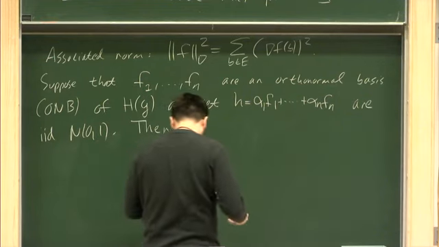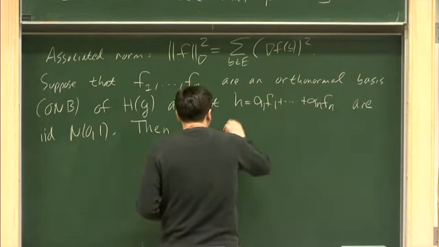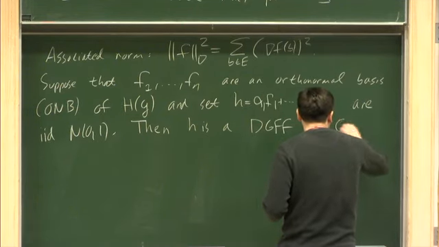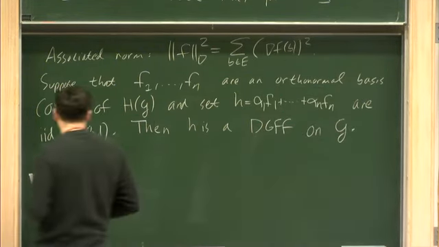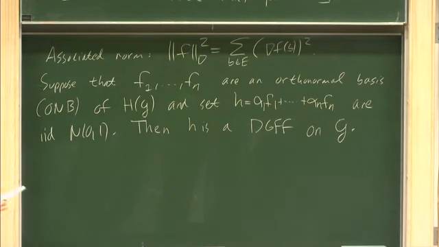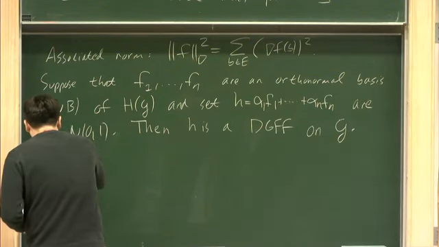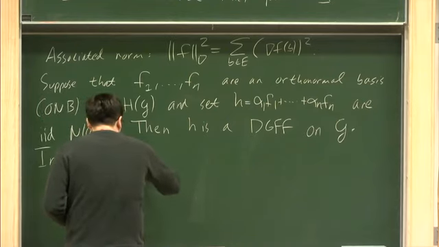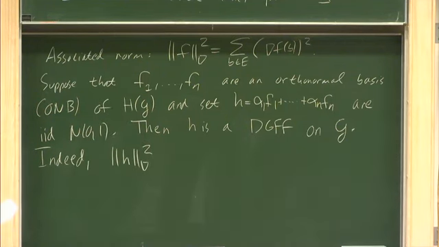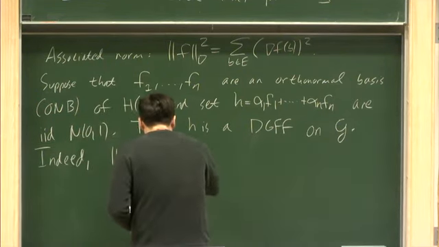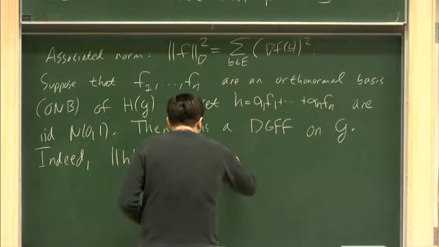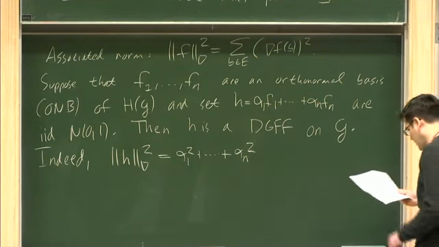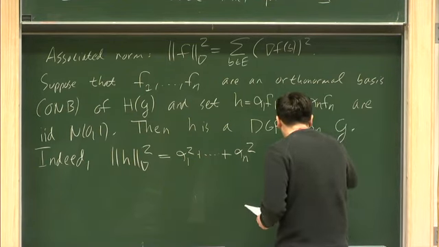And the claim is that this h that I've just defined is a discrete Gaussian free field on the graph G. And the reason for this is that if you take the norm of this h that I've defined, then what is this equal to? This is just equal to the sum of the squares of the alphas, just by orthogonality.